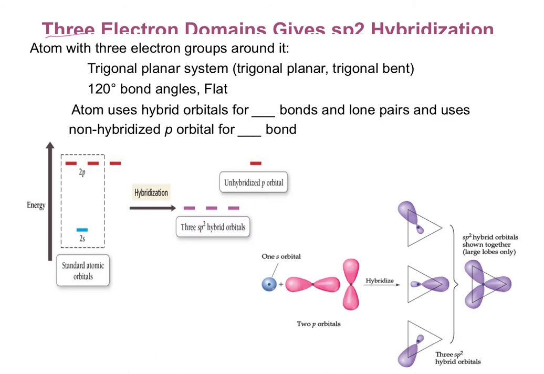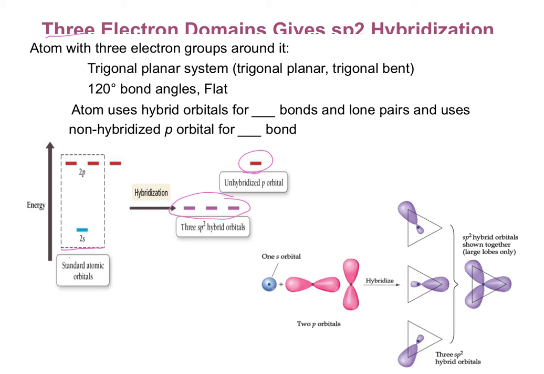So in this case, what we're going to do is take one s orbital and 2 p orbitals and mix them together to get 3 hybridized orbitals. But notice one of the p orbitals is left out. It's going to have a very special role soon that we're going to talk about. But the main thing is now we have 3 orbitals.